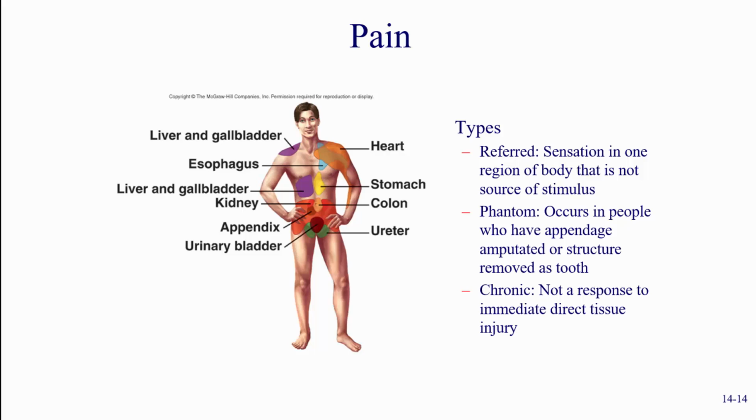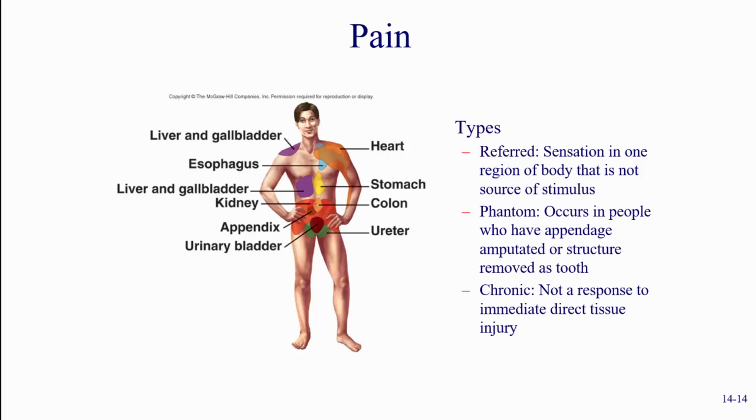And so let's take a look at this picture here. For instance, liver and gallbladder, even though your liver and gallbladder are down here, and you will get some pain in that area, you can also wind up with shoulder pain as well. Heart. In males, a lot of times, if you're having heart issues, that pain will travel down the left arm. Now, I say that's more typical in males.